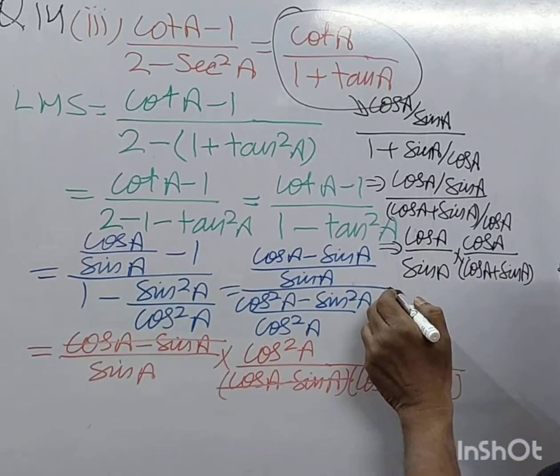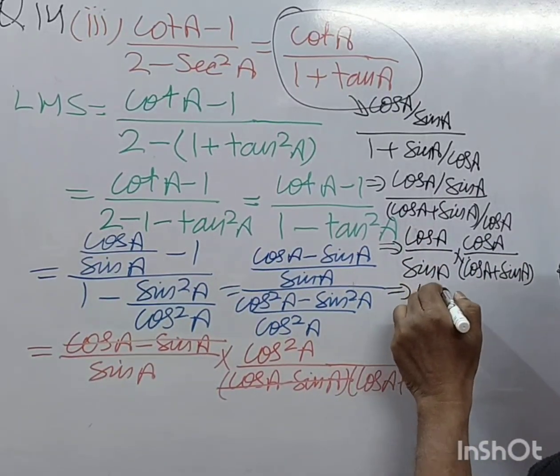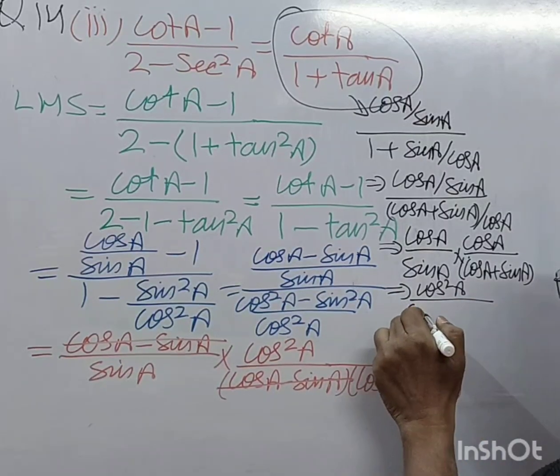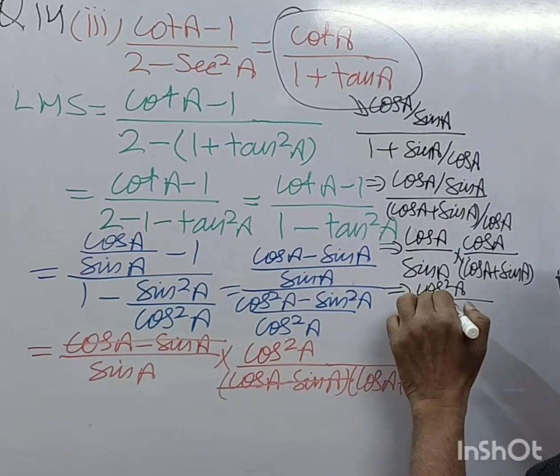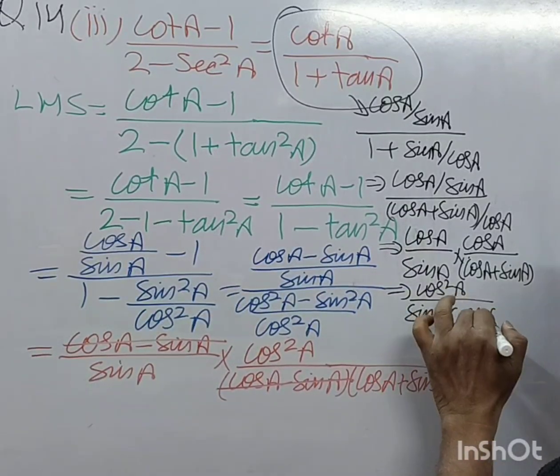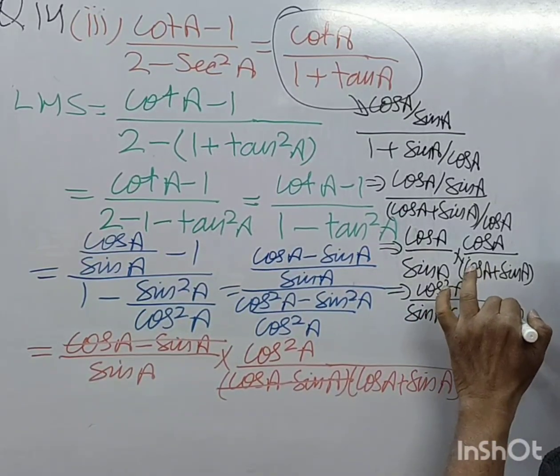If we cross multiply, we get cos square A upon sin A bracket cos A plus sin A.